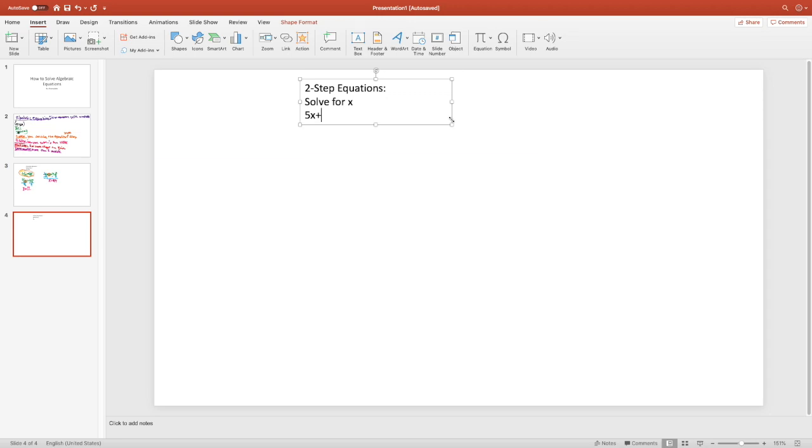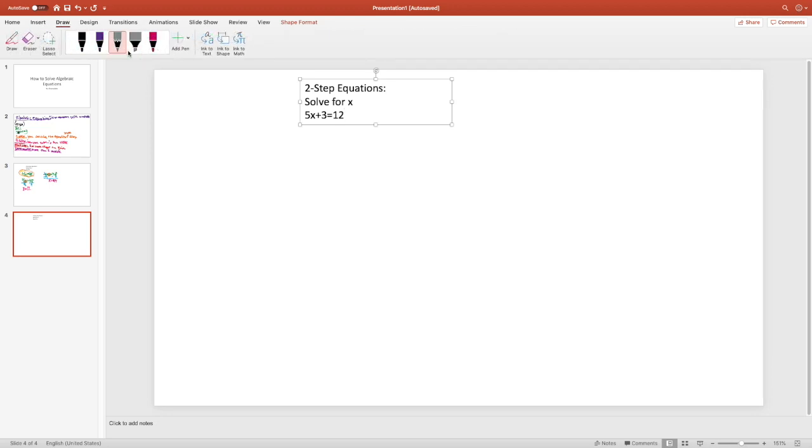So we are going to do 5x plus 3 equals, well, let me think of an equation. Let's do 12, because I don't want to complicate it too much, so I'm doing an easier equation for you guys.